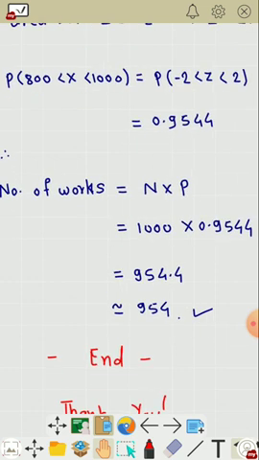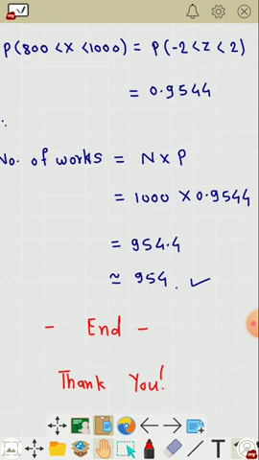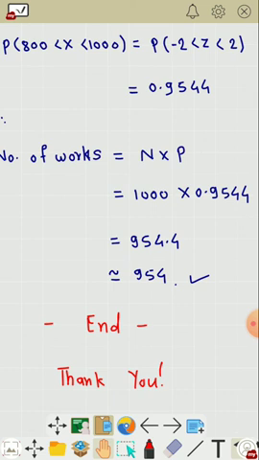Therefore here the total number of workers is 1000, and in this case the probability is 0.9544, and the value is equal to 954.4.